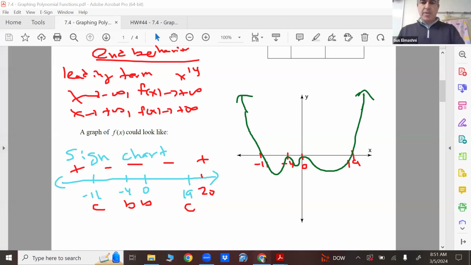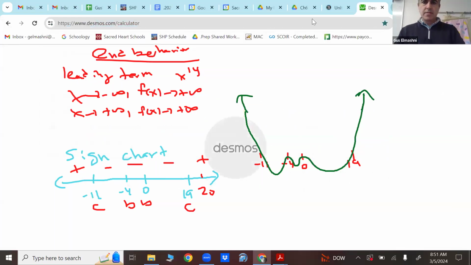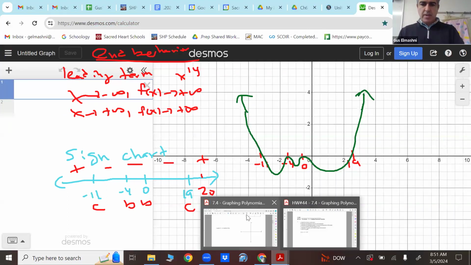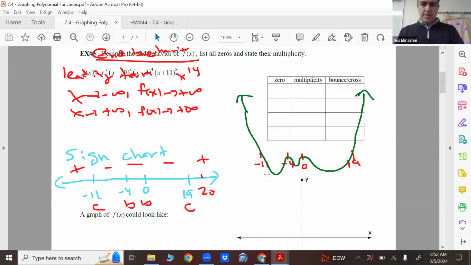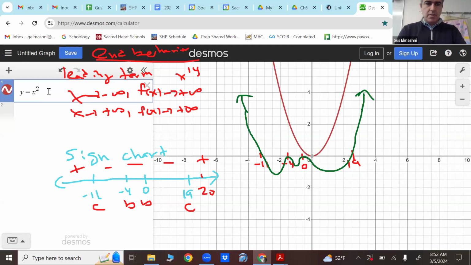Desmos will be your best friend, just so you know. So what was the equation again? x squared, x minus 19. Always do shift 6 if you want to do exponents. 19 raised to the third power.